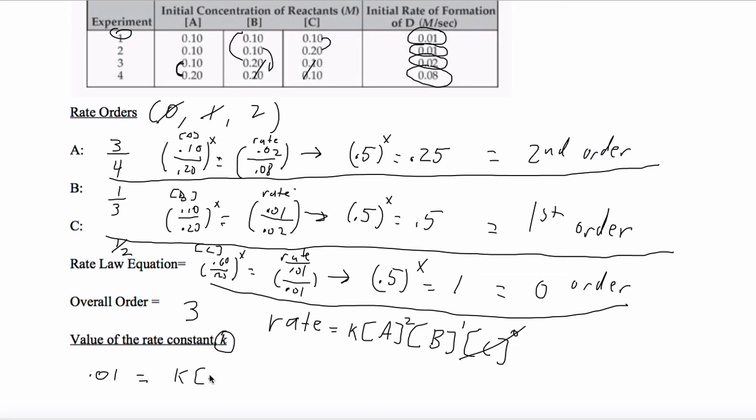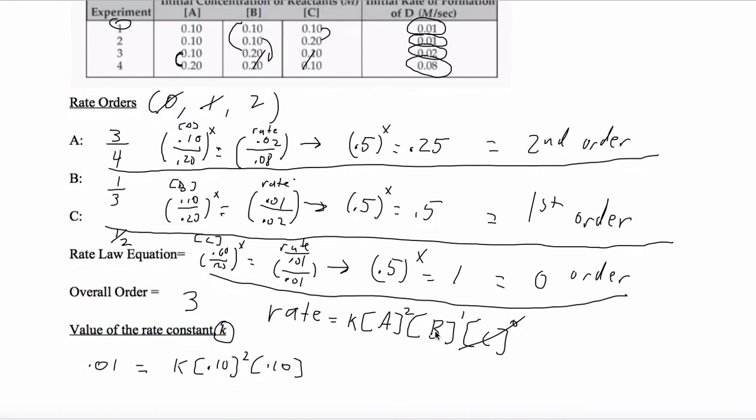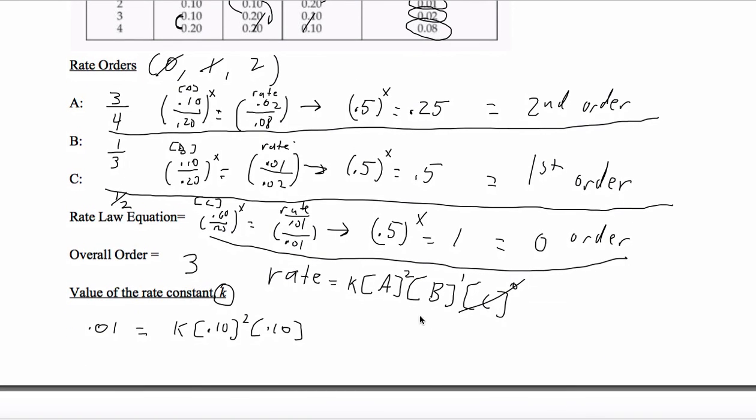A is 0.10 squared, and B is 0.10, and we don't have to put anything in for C because it's simply not there. It's to the 0 power, it doesn't affect it. So k, if we rearrange this, is equal to 0.01 divided by 0.10 squared multiplied by 0.10.